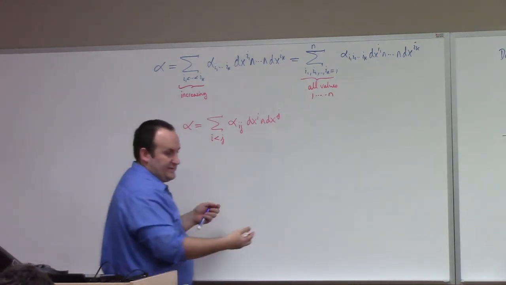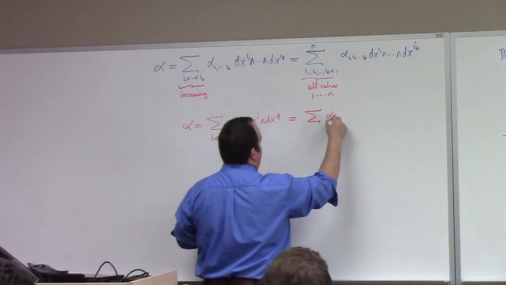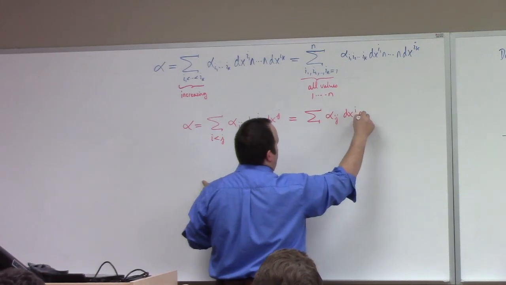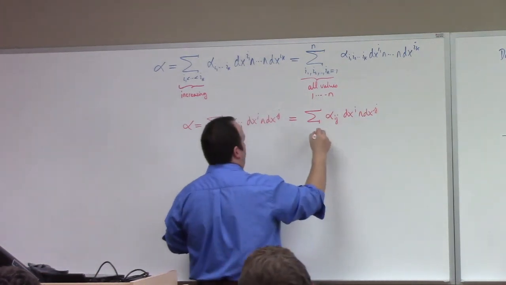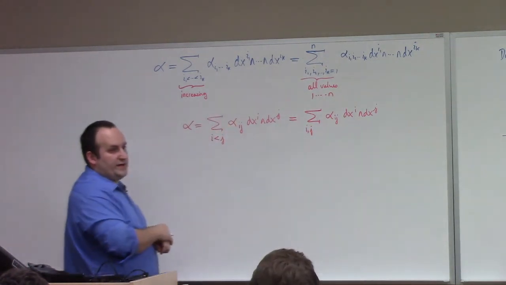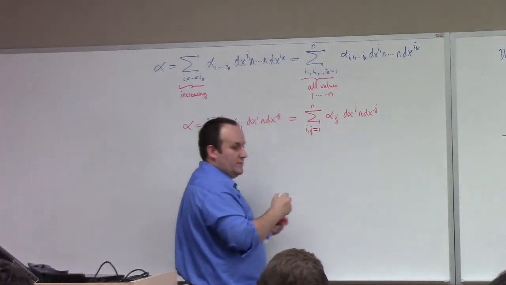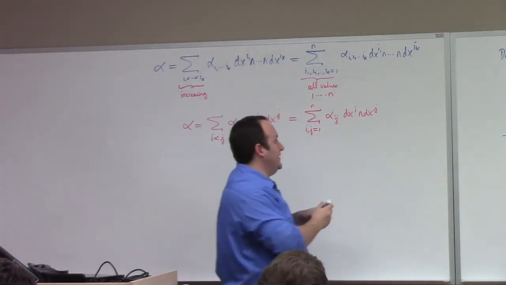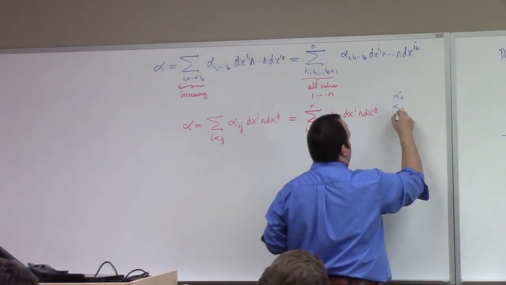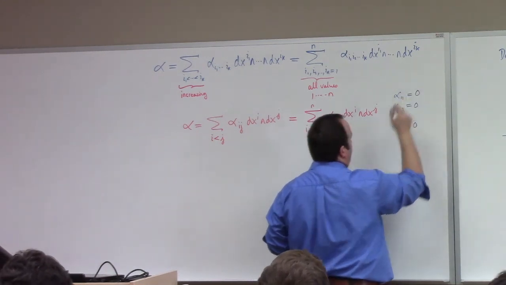And I want to rewrite this as the sum of alpha_ij dx^i wedge dx^j over i, j free from 1 to n. We need to make an agreement that we define alpha_11 and alpha_22 and so forth to be understood as 0 in this case.